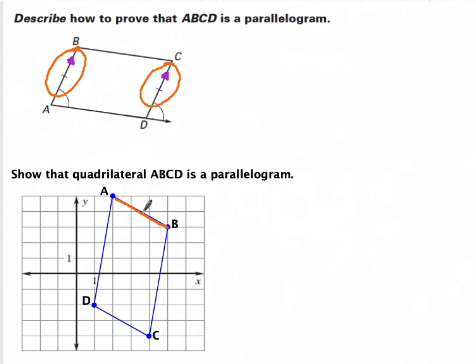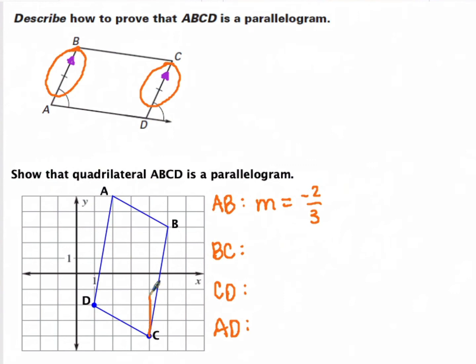If these lines weren't so slanty, I'd probably just count the boxes to find those lengths, but the distance formula can get a little long and tedious. But slope is actually pretty easy to calculate, right? Rise over run. So if I'm going from A to B, I would go down 2 over 3. So the slope from A to B is down 2 over 3. And I could easily do that on each of those 4 segments.